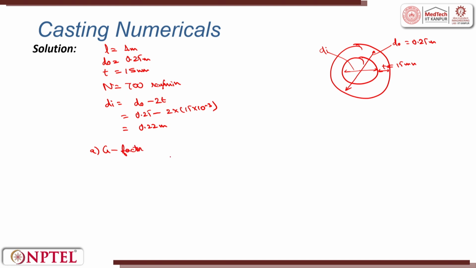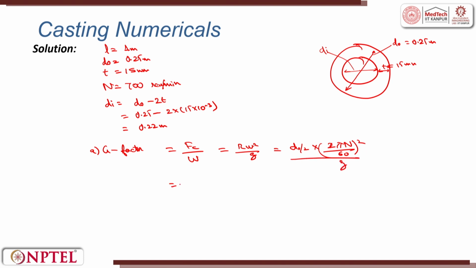Part A, that is the G factor. Again we can calculate using the same relation that we used in the previous problem, Fc by W. So G factor finally turns out to be R omega square by g. If I put all the values here, this is D outside by 2 into omega, where omega is 2 pi n by 60, whole square by g.